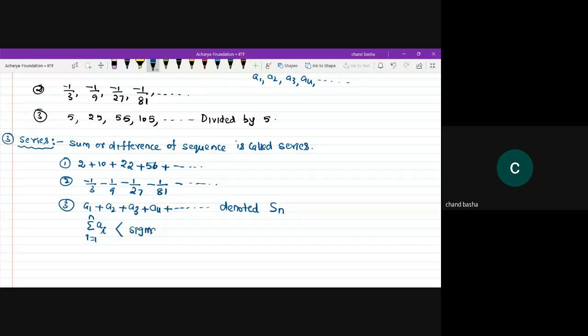This symbol is sigma A suffix I, where I is equal to 1, 2, 3, and so on. Hope you can understand my point.